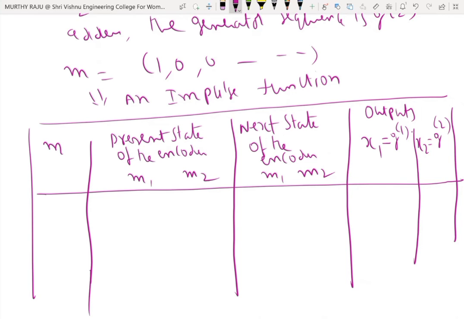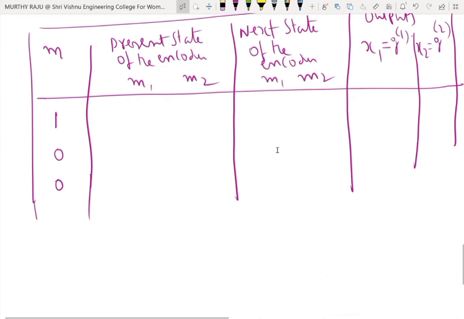Here, when X1 is equal to G of 1, the input to the convolutional encoder is an impulse function. That means 1, 0, 0, 0, and so on.